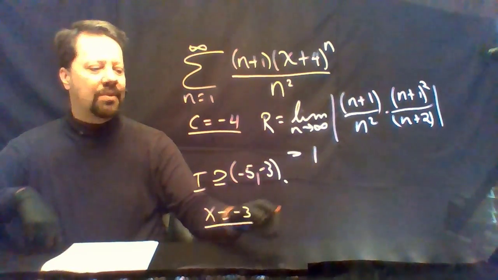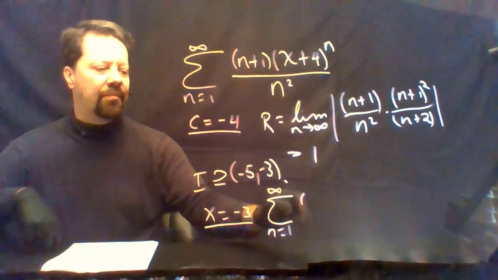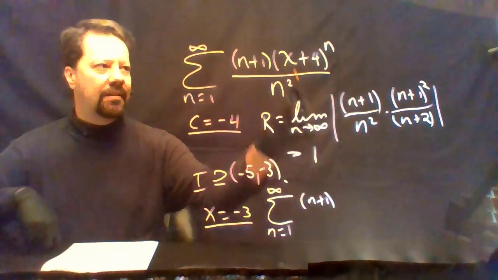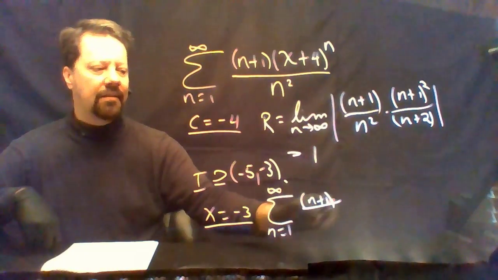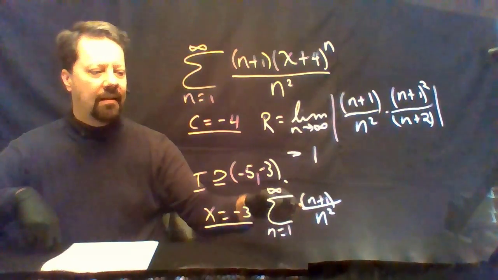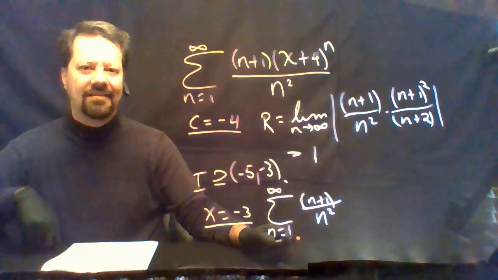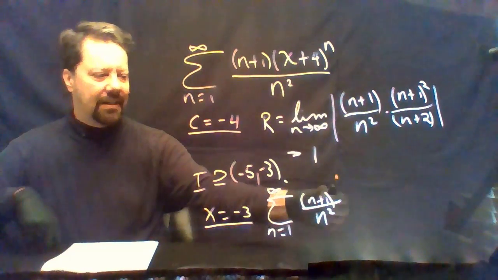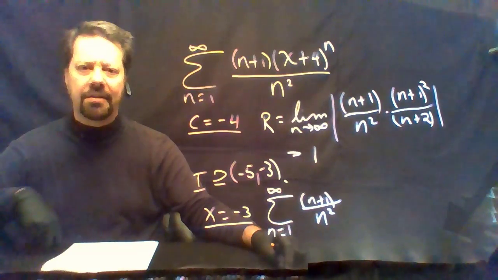At x equals negative 3, we have the sum as n goes from 1 to infinity of n plus 1, negative 3 plus 4 is 1, the power of n is still 1, over n squared. Converge or diverge? As n gets big, the plus 1 doesn't matter. It looks like 1 over n, the harmonic series.